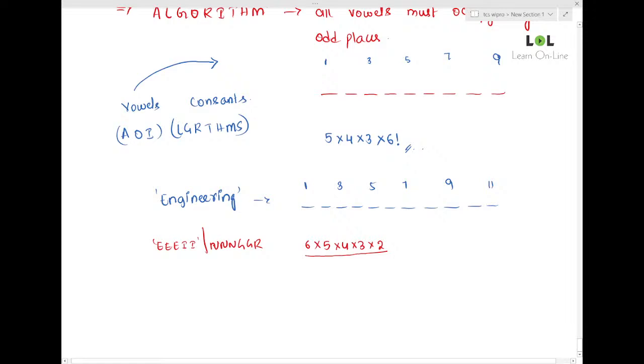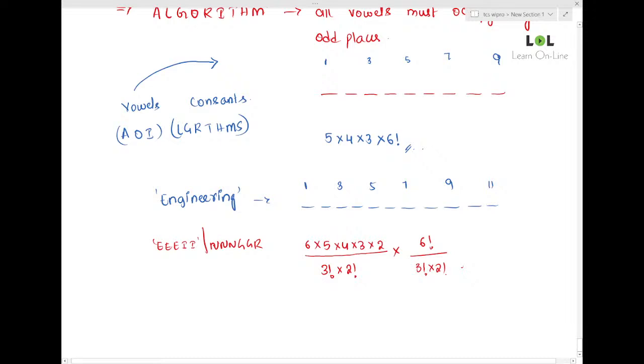What are the repetitions this time? 3 E's means 3 factorial into 2 I's 2 factorial. Done. Next, consonants. Out of 11 places, 5 places are occupied now. So still 6 places are there. For them 6 consonants are there. 6 factorial divided by 3 factorial into 2 factorial, and that will be my final answer.